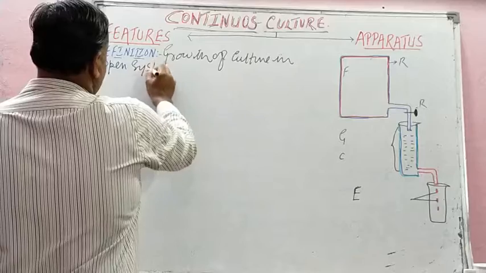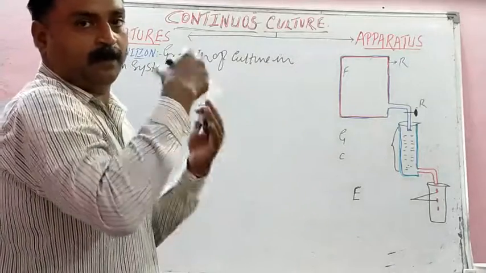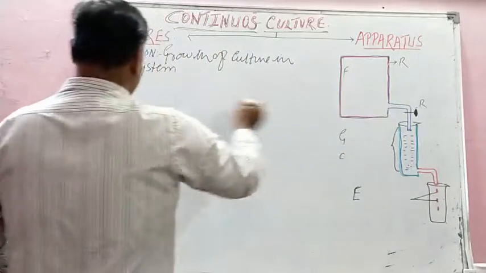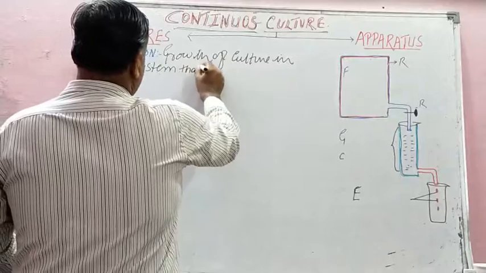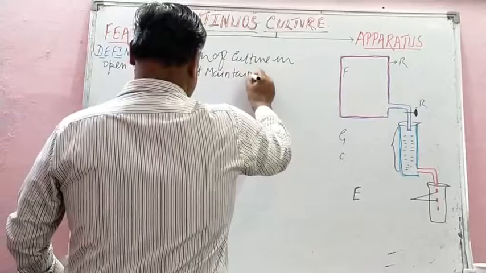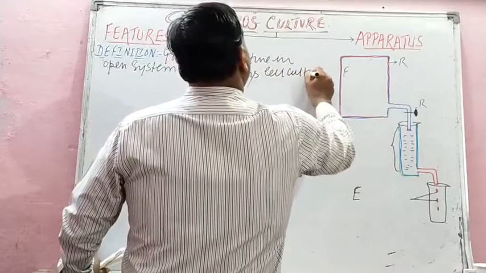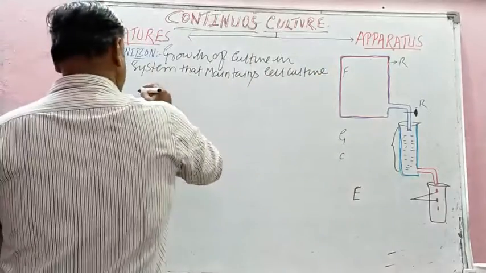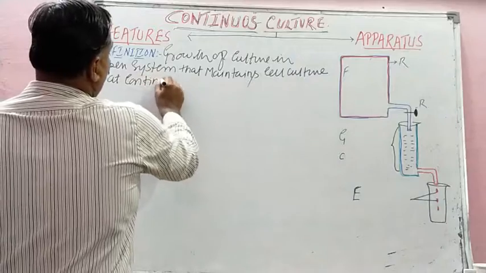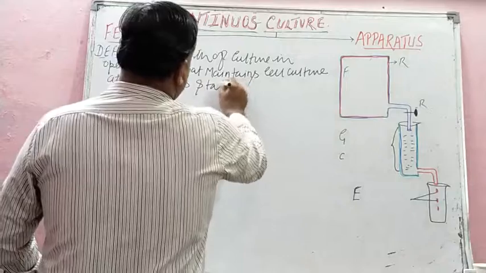There you have seen the conical flask was closed. That was a closed system in batch culture. But here, growth of the culture in an open system that maintains cell culture at a continuous state. Now you can think what is continuous state.